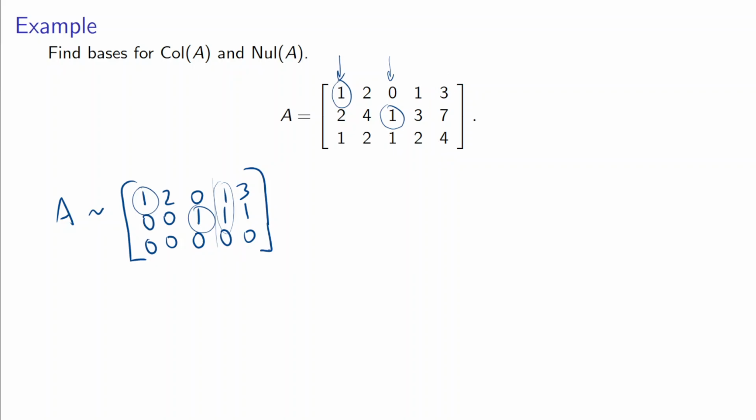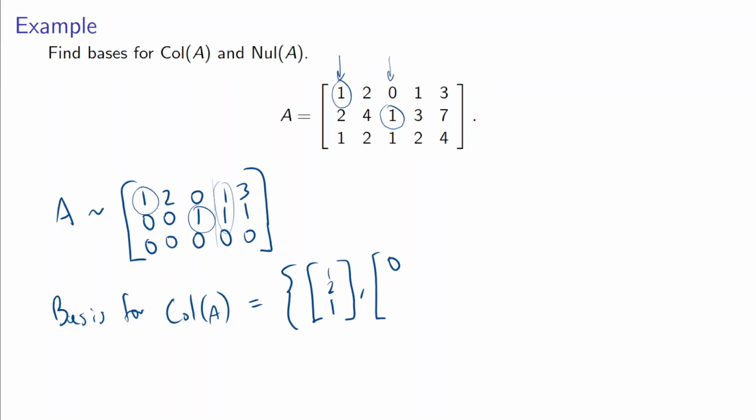Those are the only two columns we need to get our linearly independent set that spans the same space, and therefore that is our basis. So the basis for col A will just be 1, 2, 1 and 0, 1, 1. And so the rank of A is the number of pivots, which is 2.